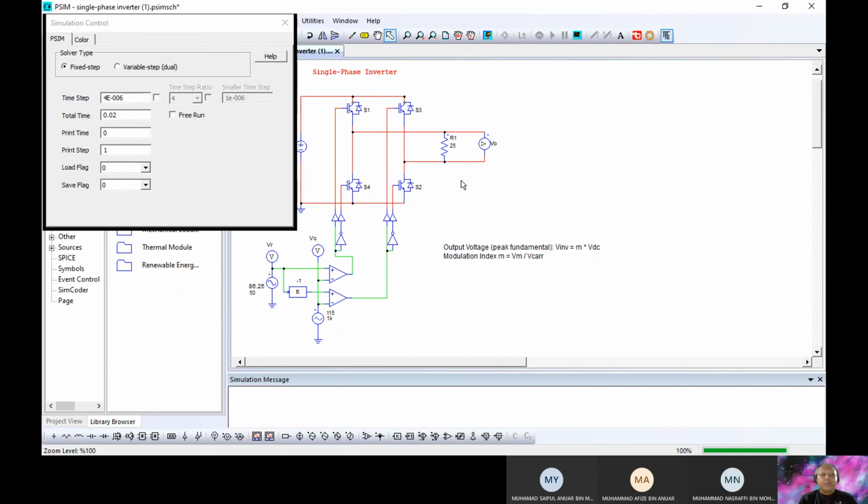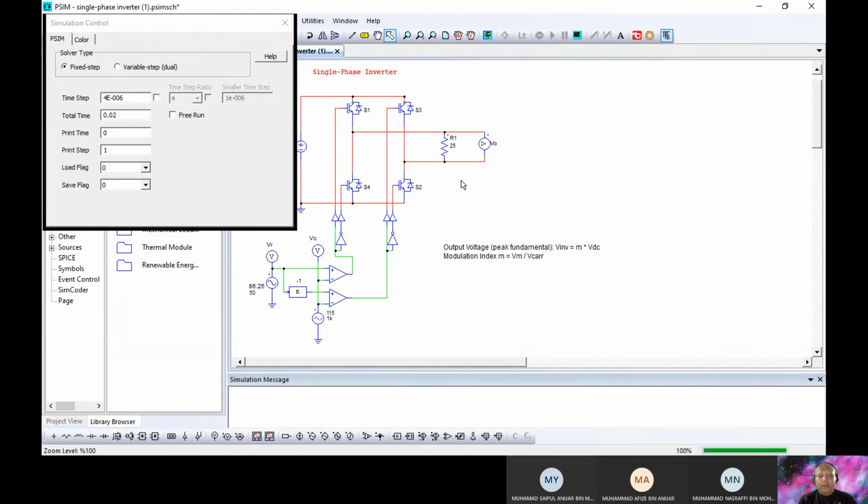The modulation index is 0.75, and the value of VR is 86.25 volts. VC you can get from the DC supply, as the amplitude is 150% of the supply voltage.